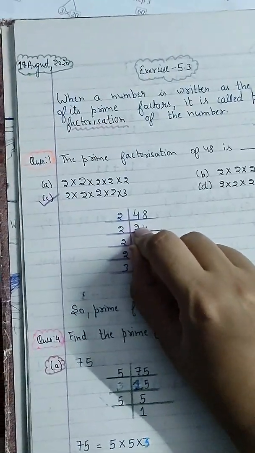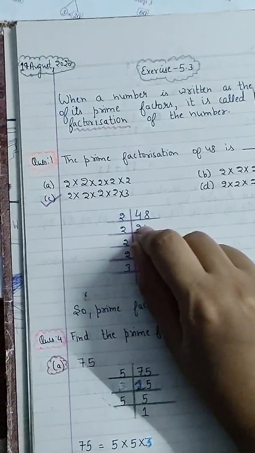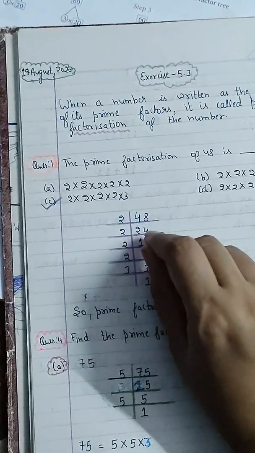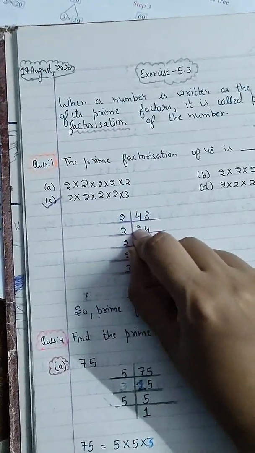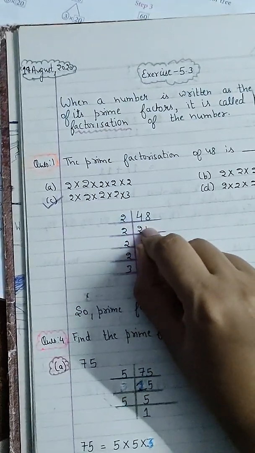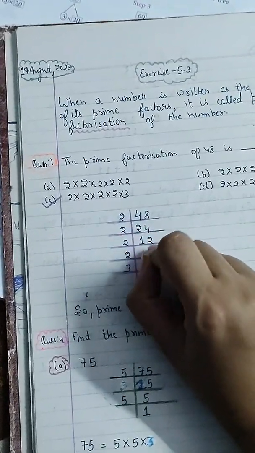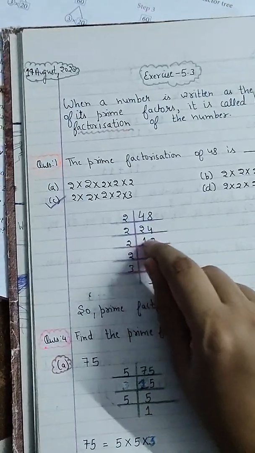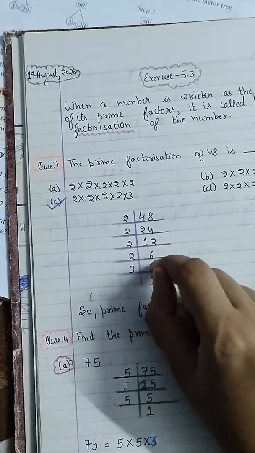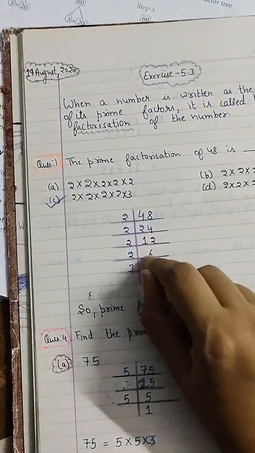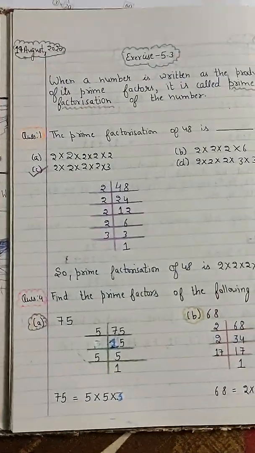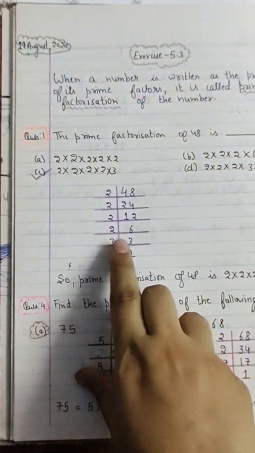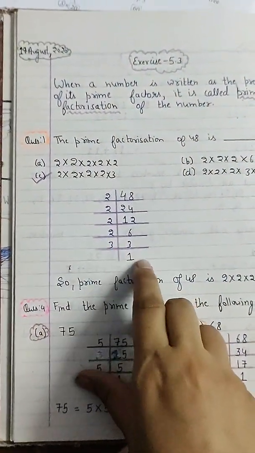Now for 24, the smallest prime number we can divide with is 2, and we get 12. Now 12 comes in the table of 2 at 6. Now 6 comes in the table of 2 at 3, so we write 3 here. 3 is the smallest prime number now, so we will write 1.